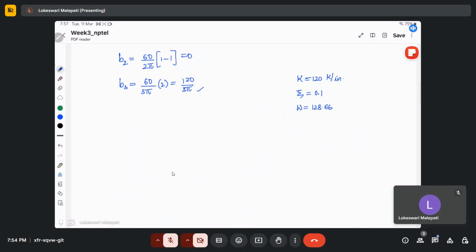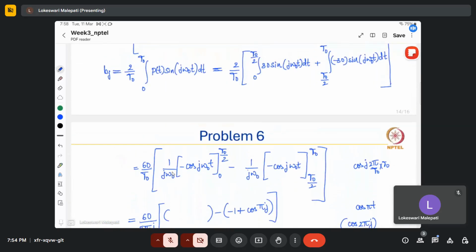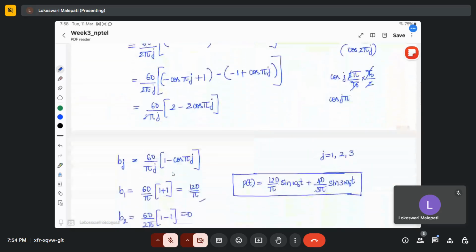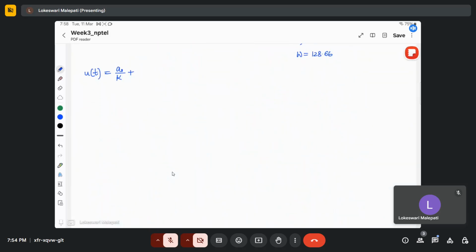So the steady state solution, consisting of infinite terms of sinusoids and cosines, was obtained during the lecture. A naught by k plus the terms consisting of aj and bj, but the terms involving aj I am not currently writing because we have just seen that aj coefficients are 0 for all j. So I will just write the coefficients of bj.